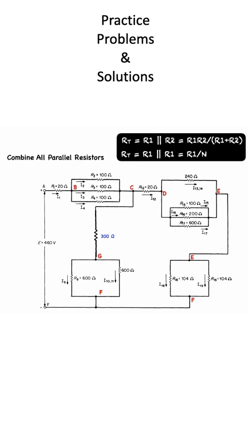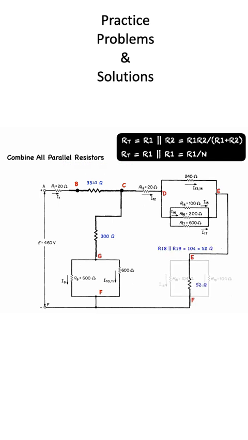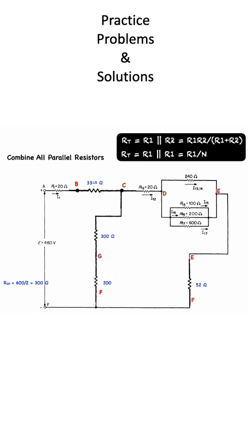For section B to C, the equivalent parallel resistance is equal to 33 1/3 ohms. For section EF, the equivalent resistance is 52 ohms, and for section GF, the equivalent resistance is 300 ohms.